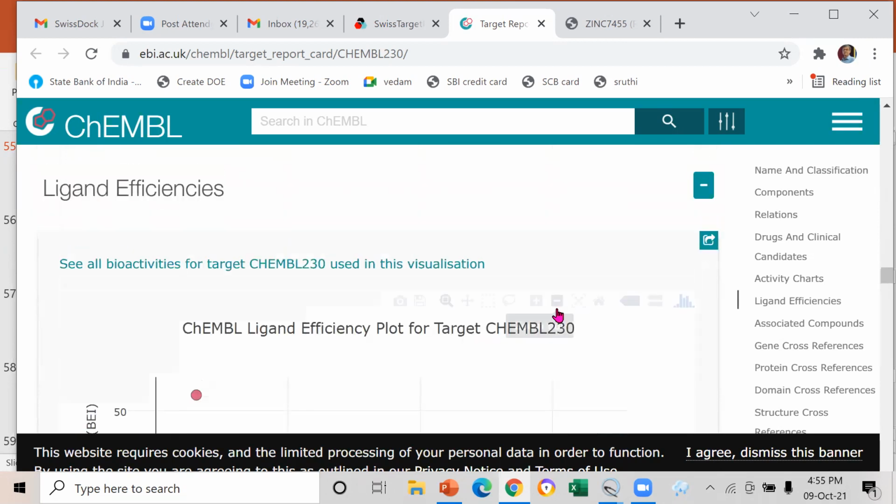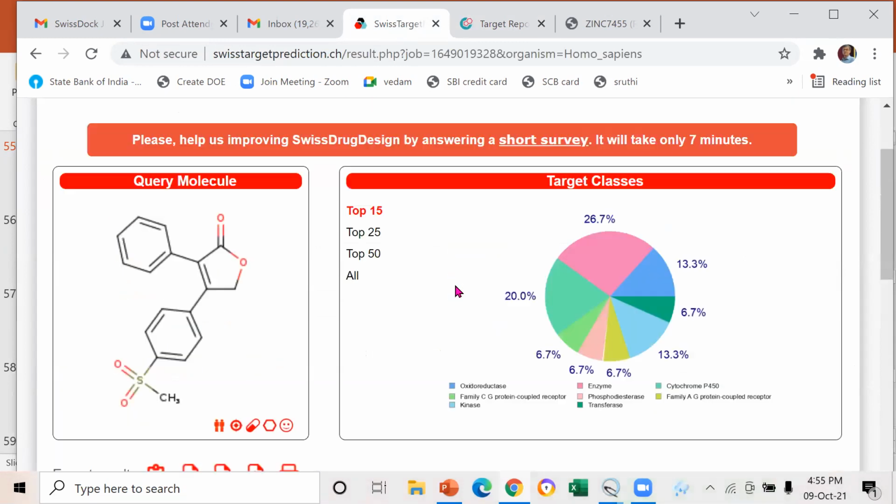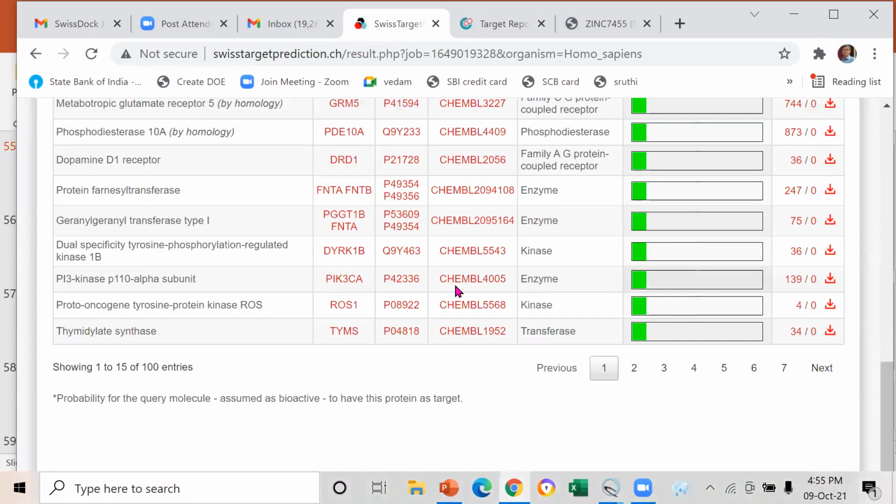So a lot of stories about the target can be identified. All these are Homo sapiens targets. So if you are designing a drug for cancer, for example, or for a virus, if you want to know whether there are possible human targets, this is a good program to run. It will identify the human targets.